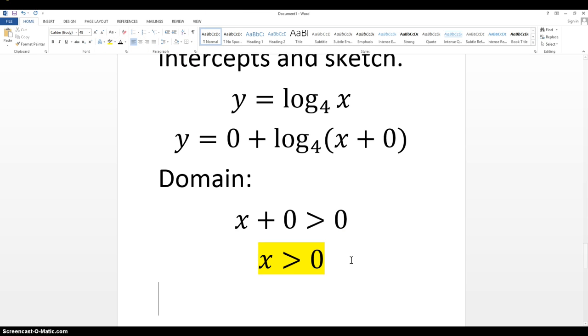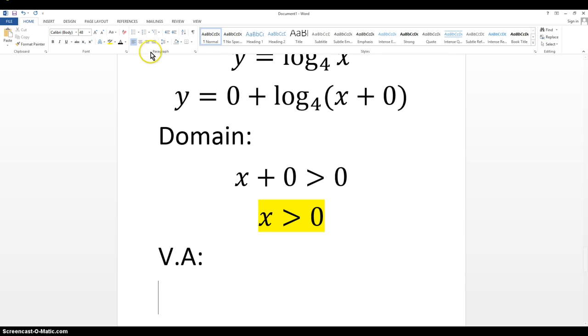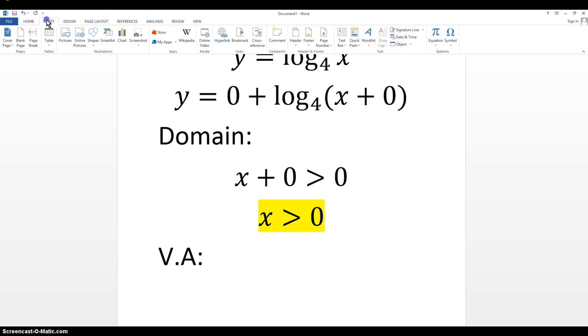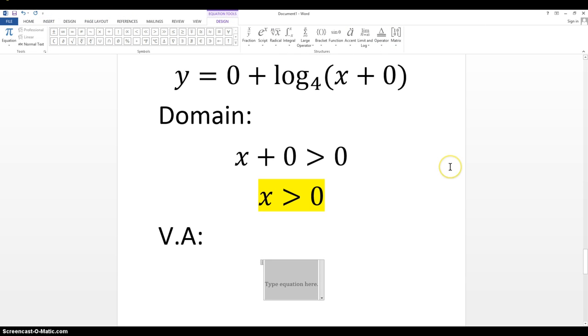The next part is my VA, or my vertical asymptotes. For that one, we take my x plus 0 part and set it equal to what? Set it equal to 0.